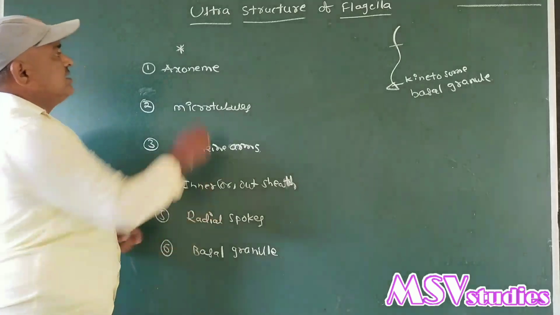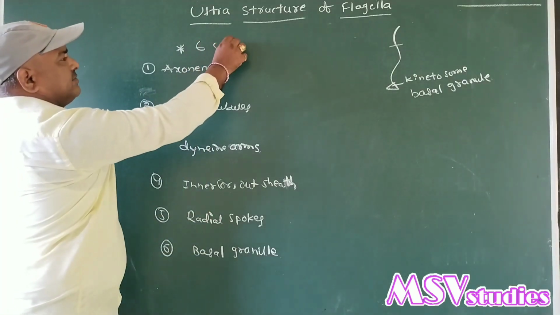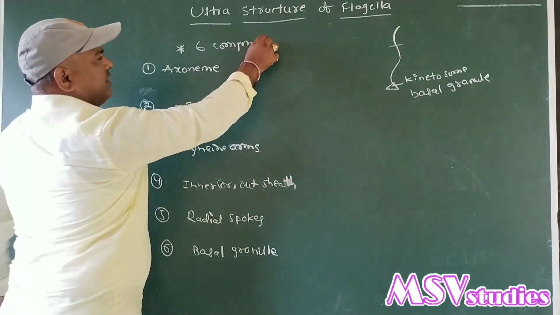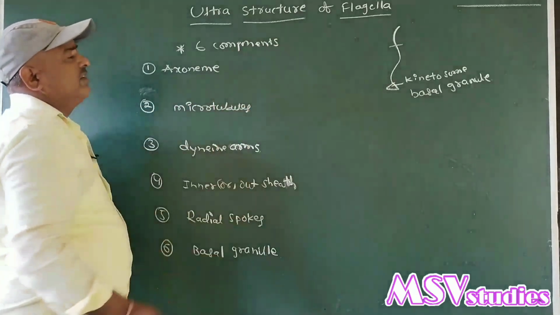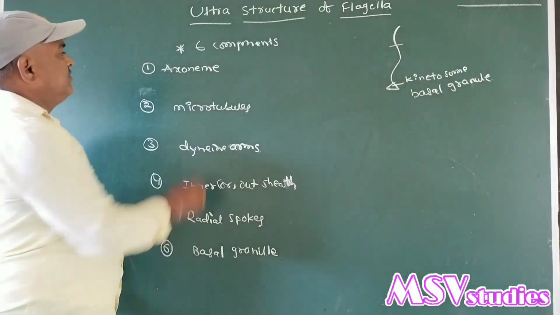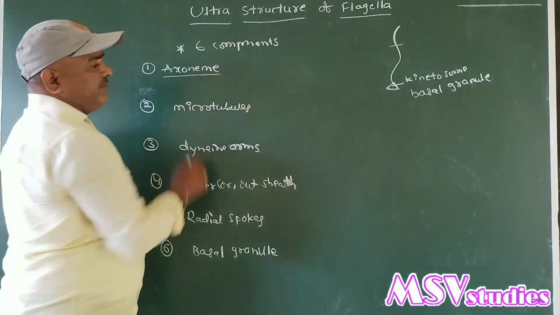So these are the 6 components of flagella.